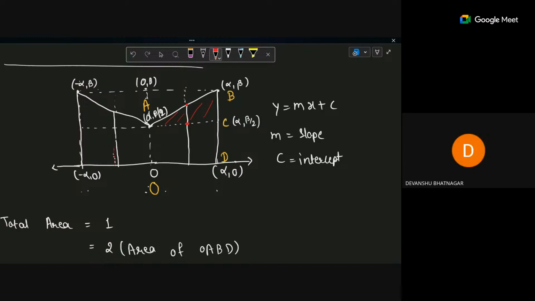Let's name it E. The point E is nothing but alpha by 2 comma beta by 2. This is point E. The question is, how will you find this point?